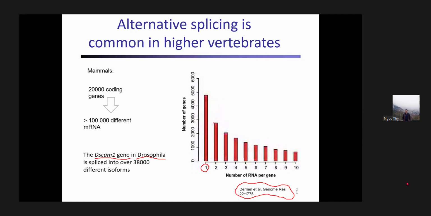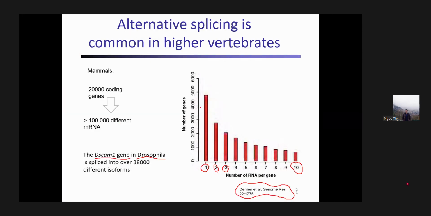Nearly 3,000 have 2 transcript variants, and more than 2,000 genes have 3 transcript variants, and so on. About 1,000 genes have more than 10 variants. So some genes have many different transcript variants.